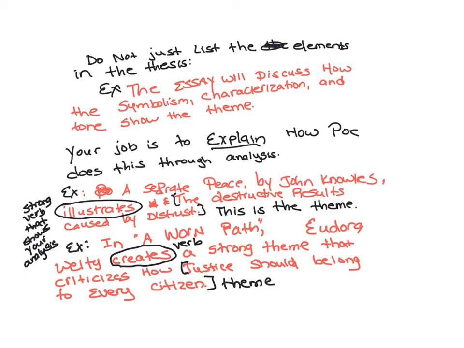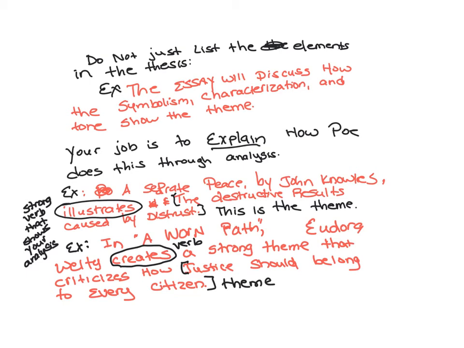In "A Worn Path," Eudora Welty creates a strong theme that criticizes how justice should belong to every citizen. I actually made that up because I haven't read that short story, so I'm not sure that's really a theme. But I needed a theme to give you an idea.